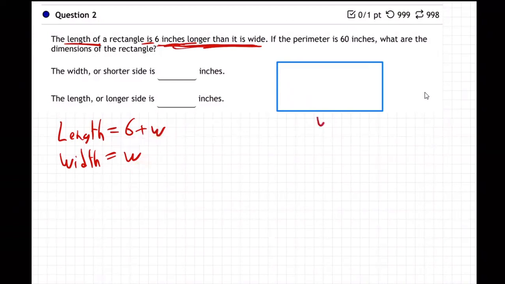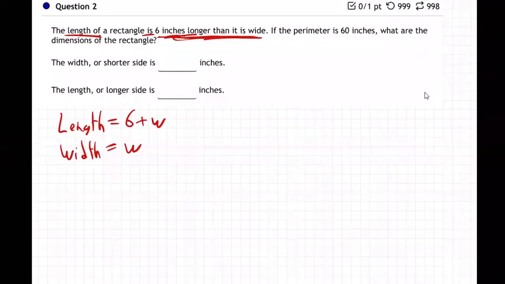So this is the width, W, which goes that way. And this is also the width because it's the same. So that means this thing's longer than it is wide. Well, it doesn't matter, I guess I'm being a little picky here, but really it should be more like this.